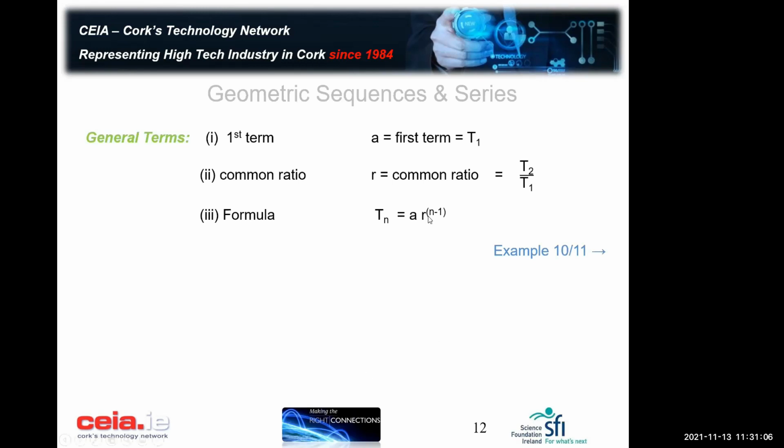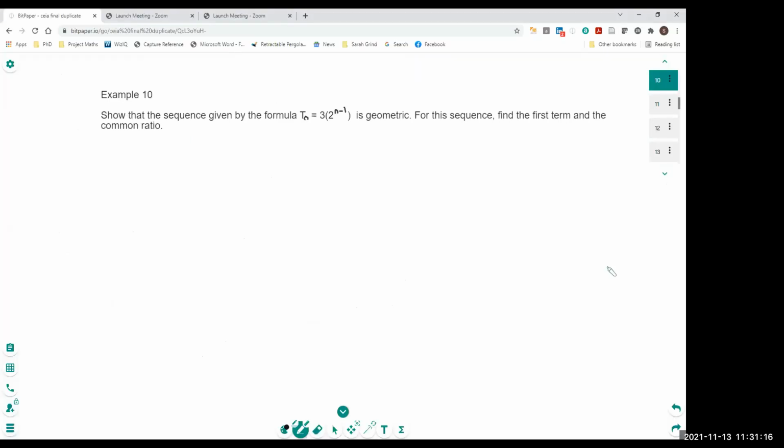So we'll do some examples. In this example, we have a question that says, show that the sequence given by this formula, t of n is equal to 3 times 2 to the power of n minus 1, is geometric. For this sequence, find the first term and the common ratio. So how do we know if a sequence is geometric?